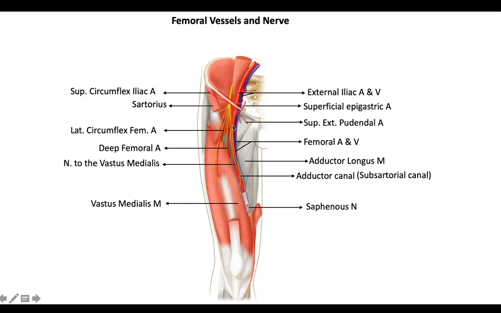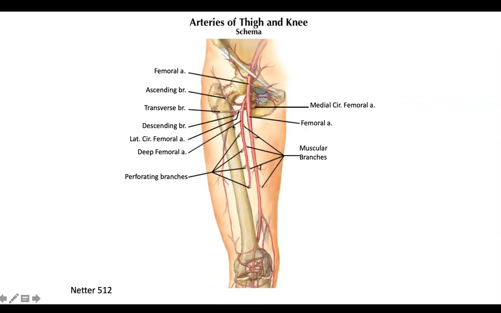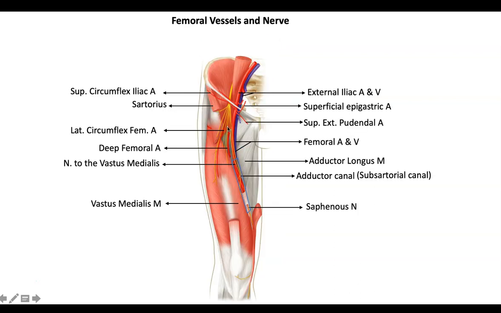Then the femoral artery has its largest branch. The largest branch of the femoral artery is called the deep femoral artery or the profunda femoris artery. Like the profunda brachii artery is a branch of the brachial artery, the profunda femoris artery, or the deep femoral artery, arises from the femoral artery from its posterolateral aspect at the proximal part of the thigh, and then it descends posterior to the adductor longus muscle.